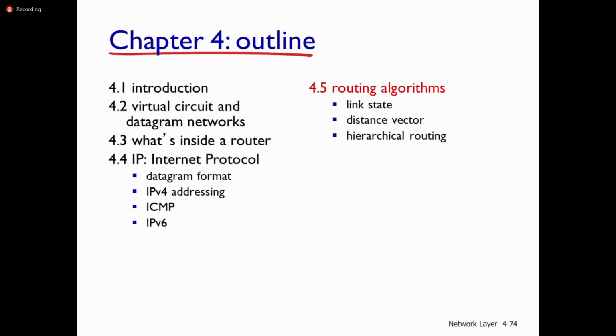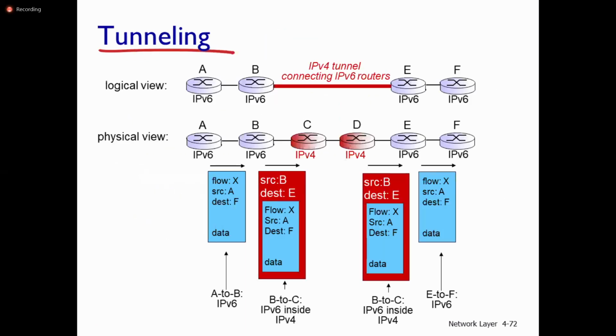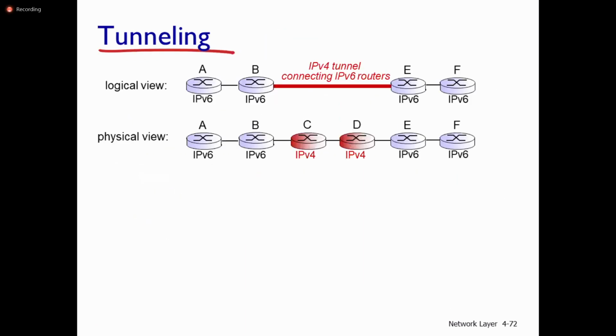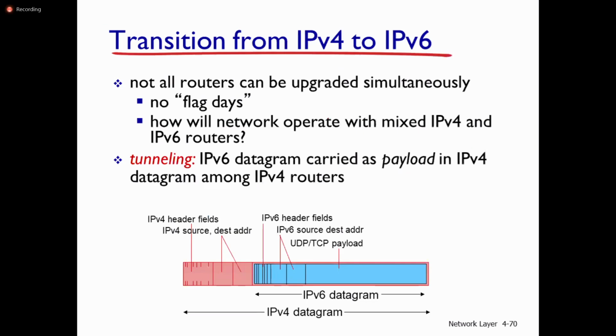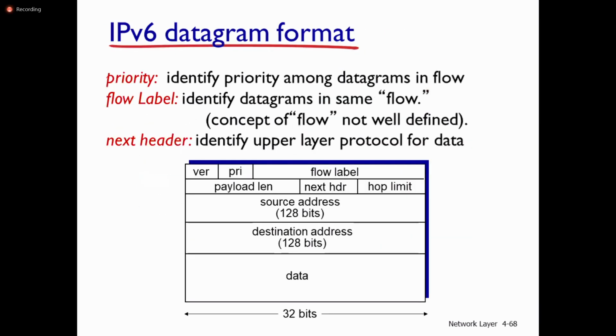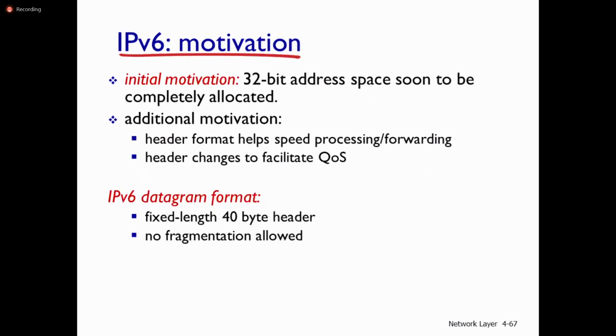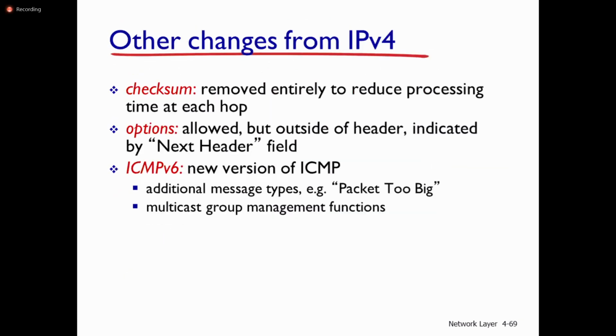So this is about ICMP and IPv6. In IPv6, we have seen what the IPv6 datagram format is, the motivation, the datagram format, and how this changes from IPv4 to IPv6. The checksum is dropped. The options field is new, placed outside the header.